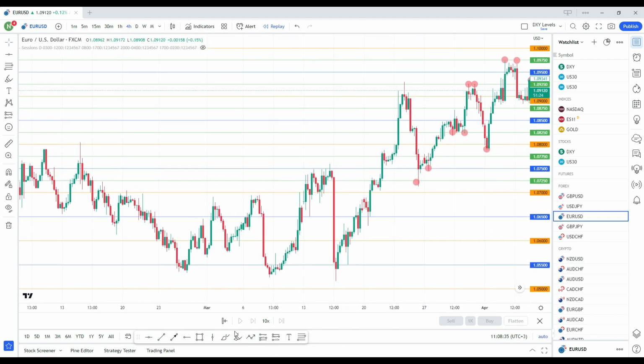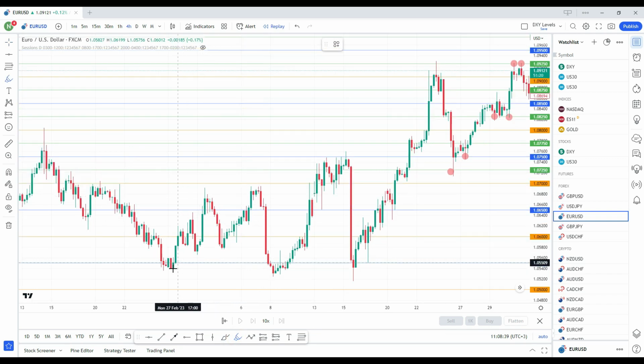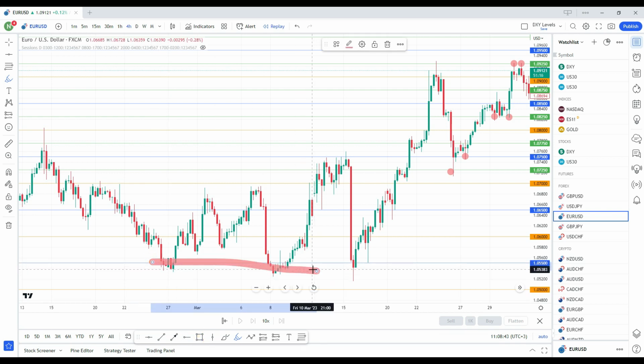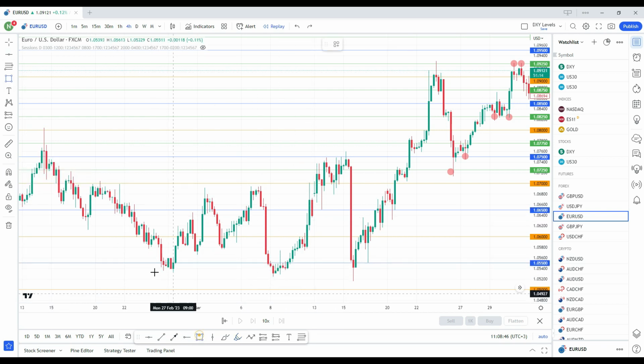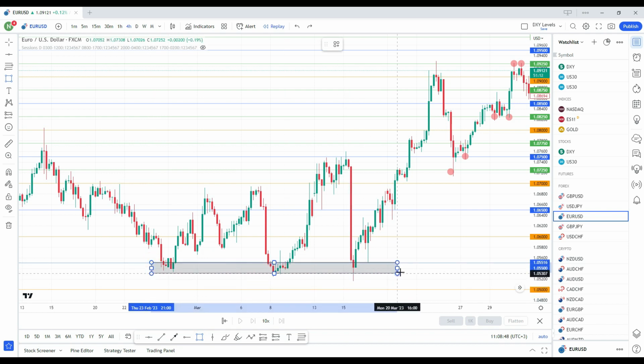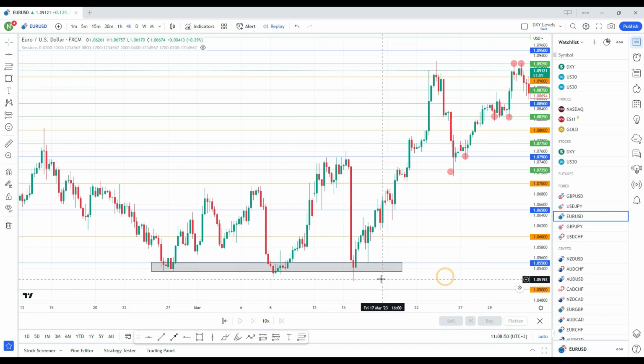Price respects these zones, whichever time frame you are using. This was a very strong support.